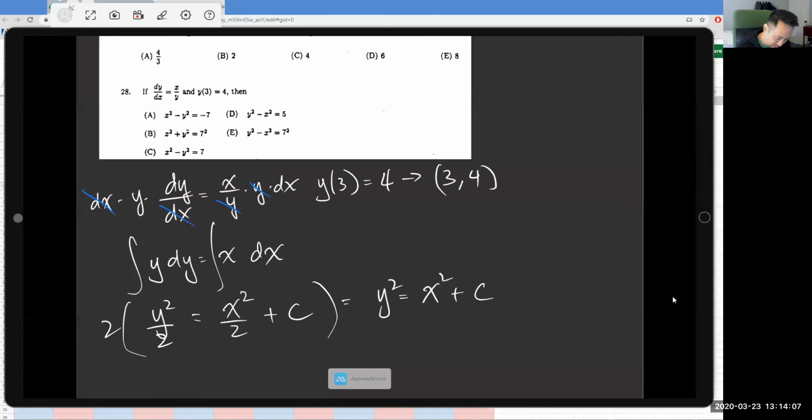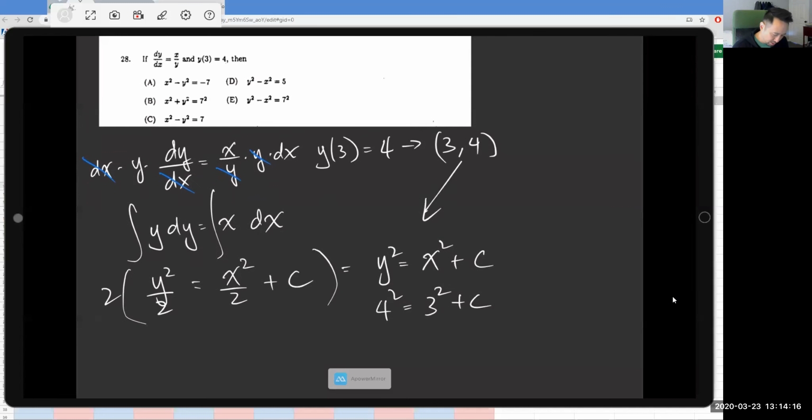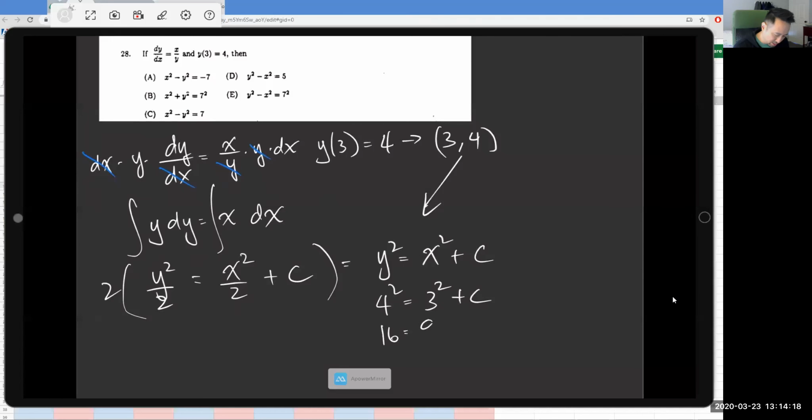And then from here, I'm going to substitute 3 comma 4. So I have 4 squared equals 3 squared plus c. It looks like I get 16 equals 9 plus c. So it looks like c we get a 7.